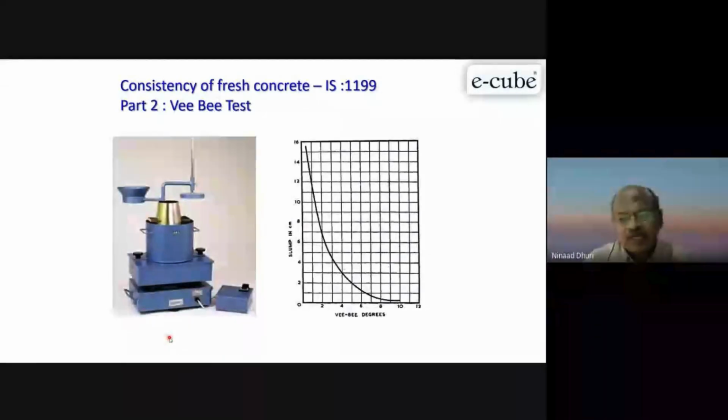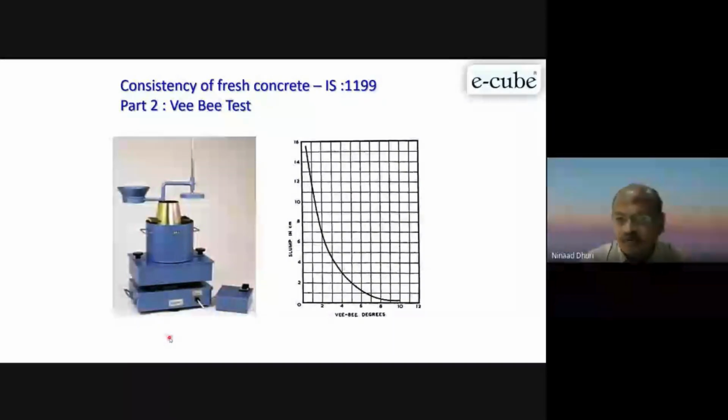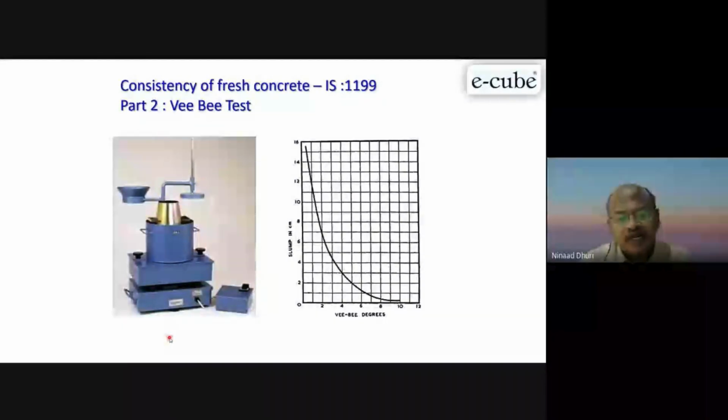We should not twist the cone. Then your values will be different. So whatever precautions we have shown, one has to stick to them, and accordingly we can take a slump. And a true slump will give huge values, and that feedback we can give to the RMC fellow so that any correction required can be given to them.